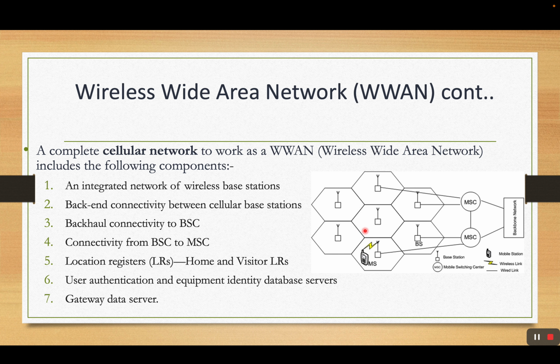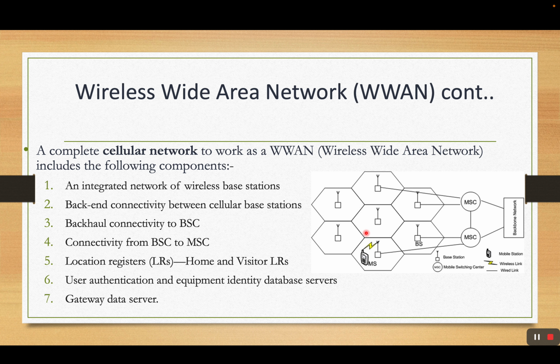Now, the other one is what we call the BSC, the base station controller, as you see in the picture. This is the central hub that manages the communication between the cell sites and the mobile switching center, MSC. The backhaul connectivity provides basically the connection between the BSC and the cell sites.